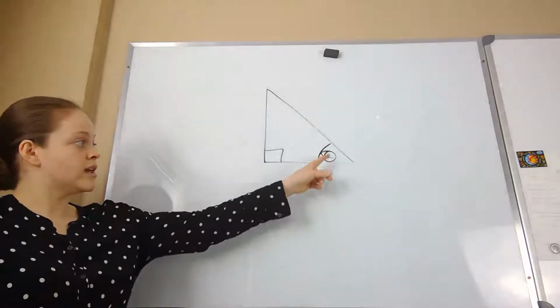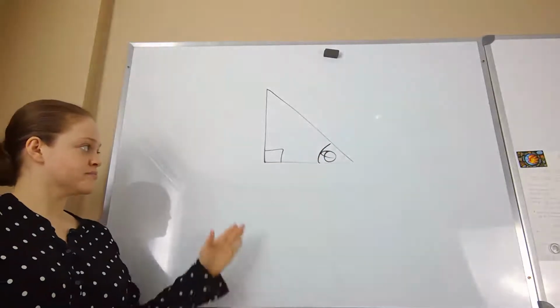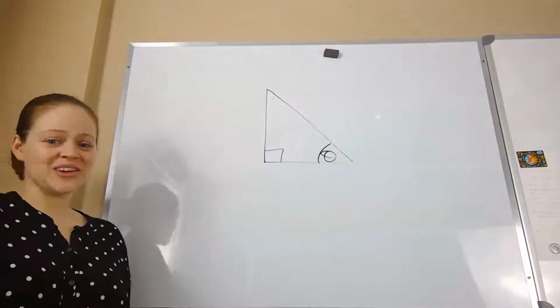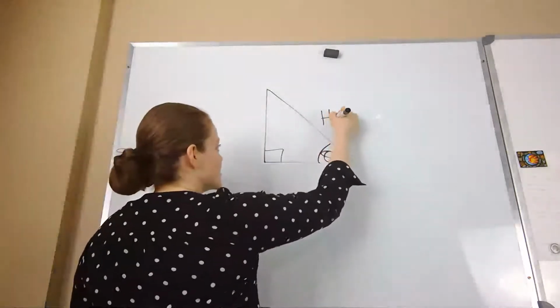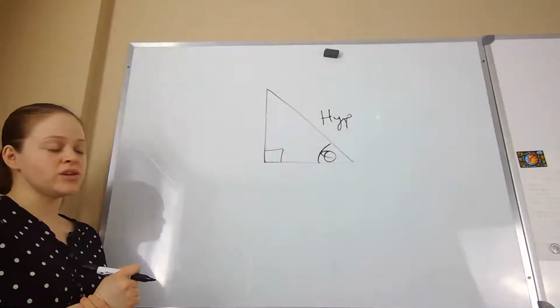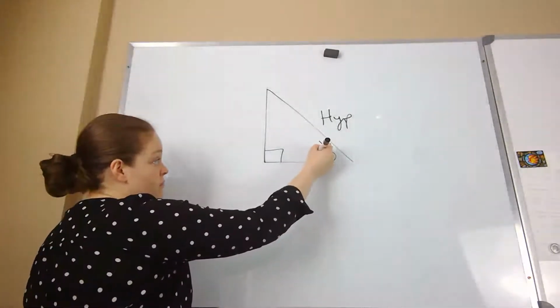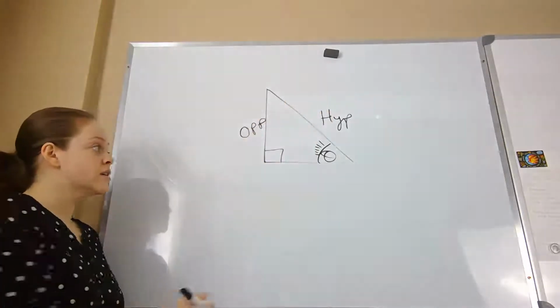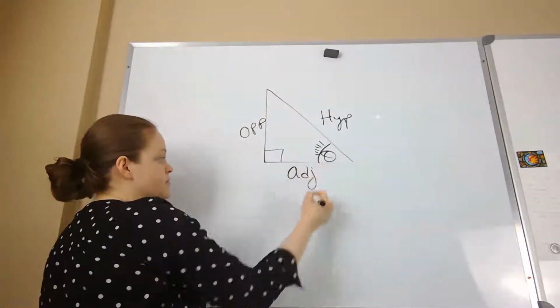We have our angle over here, and our right angle. Across from our right angle is our longest side, which is the hypotenuse. Anything across from the angle is our opposite, because we look opposite. What's left over is our adjacent.